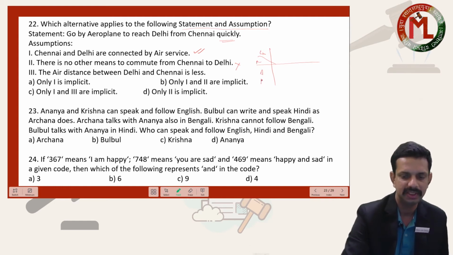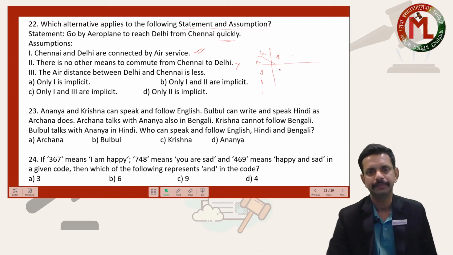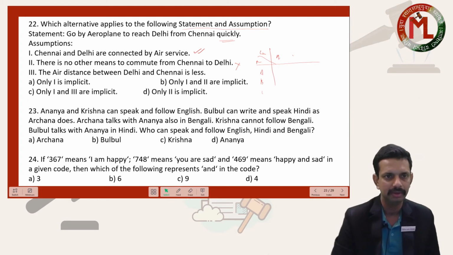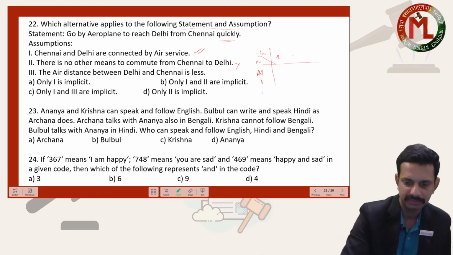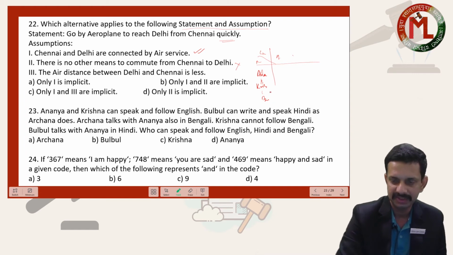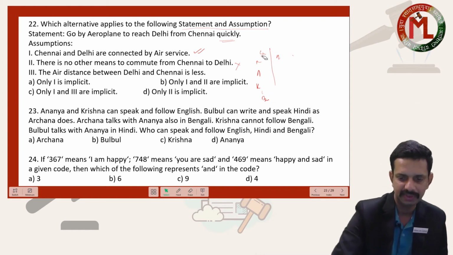A person's name A, B, C, D, languages A, B, C, D, and then you can identify about the common things. For example, first name is Ananya, second name is Krishna, and the third name is Bulbul, and then the next one is Archana. So we have 4 different names or 5 different names.